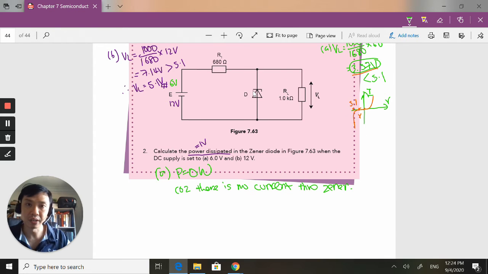Remember, this is acting as an open circuit; there is no current running through here. So that's part A.